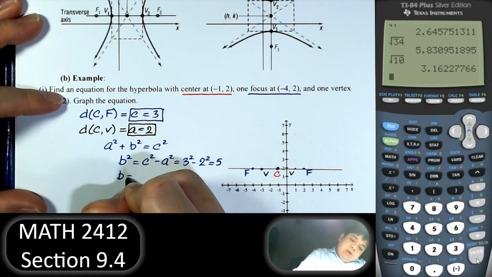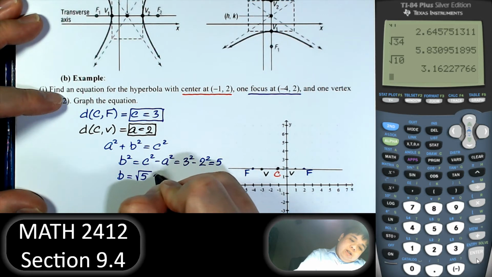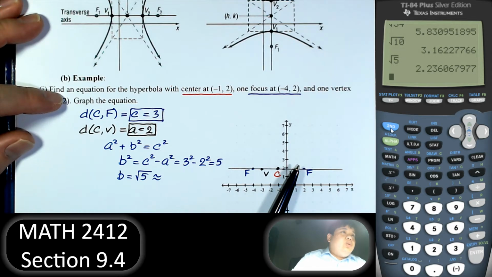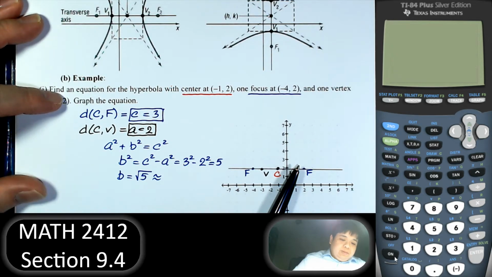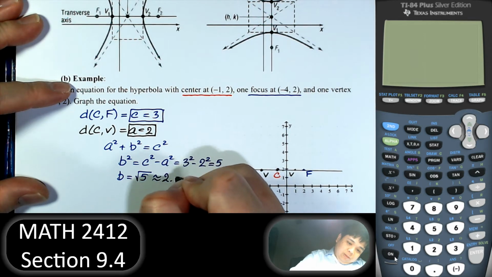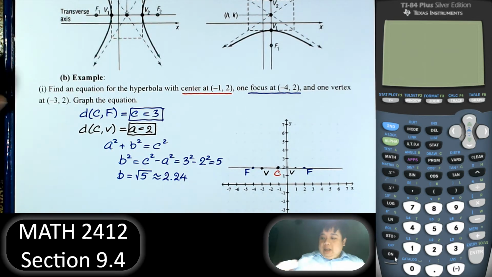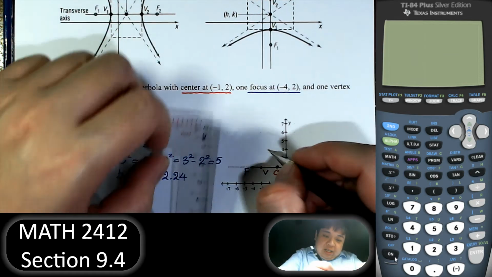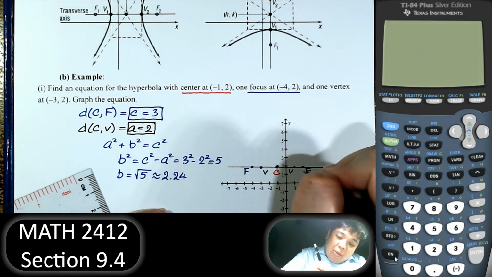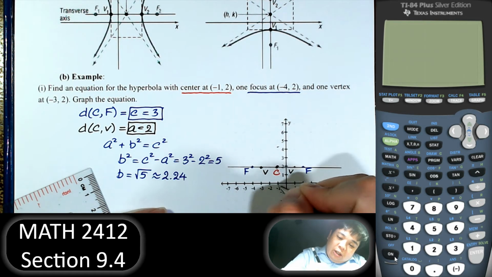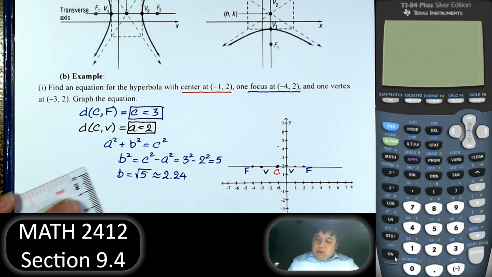So b equal to square root of 5, which is about 2.24. Right, so we have a, b, and c. By the way, b is the distance perpendicular to the transverse axis: 2.24 up and 2.24 down.